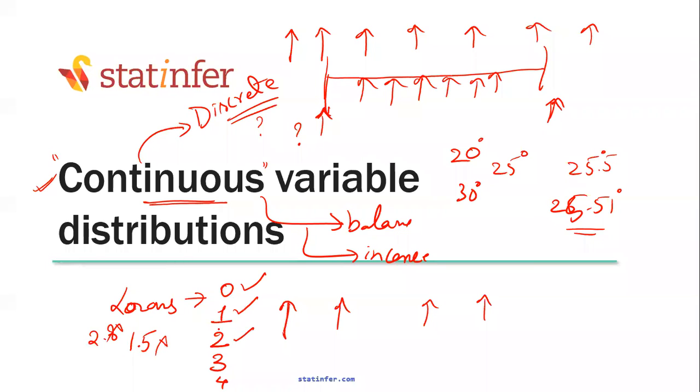That's it. They can never be in between. Number of loans, number of dependents, number of house loans, number of auto loans. Basically, the count kind of variables. These are all discrete variables where you cannot have values in between. Within a range, they take discrete values. Anything related to count and all that.